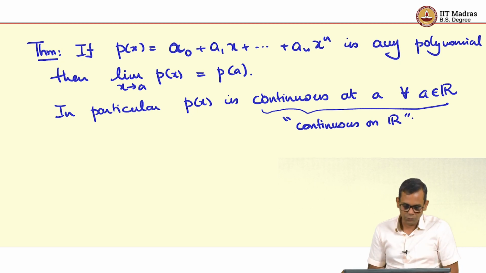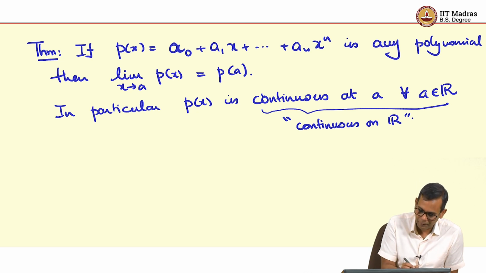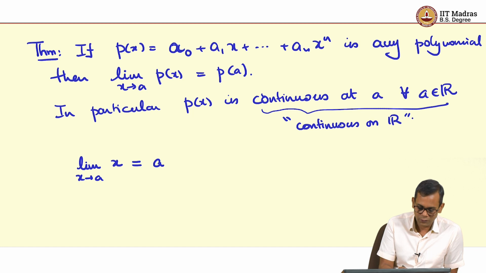Why is this true? Well, this function is a sum of products of functions whose limits we know. So we know that the limit as x goes to A of x is equal to A. We did twice x in the first example, but this is equally simple.